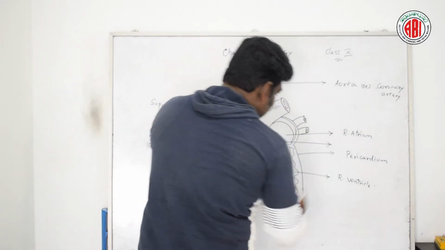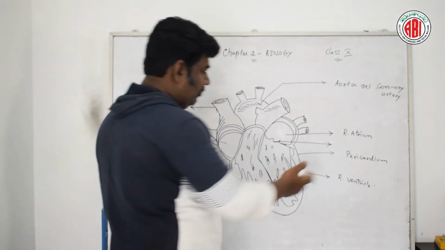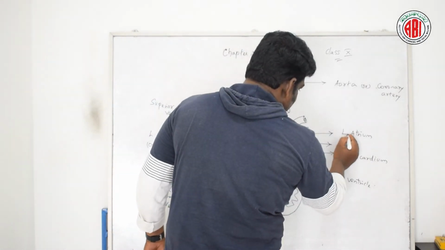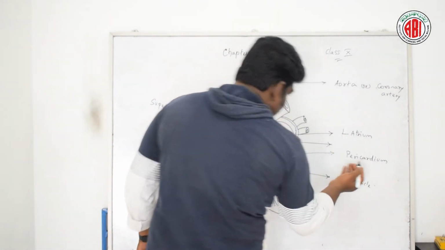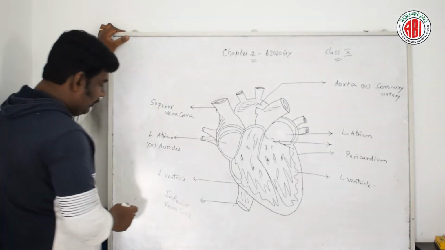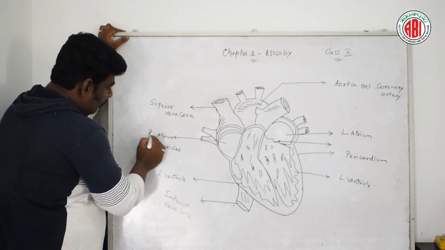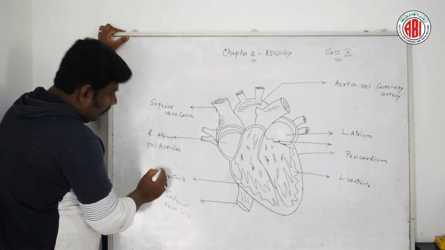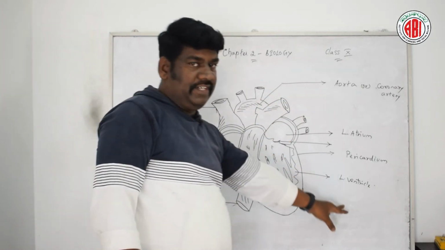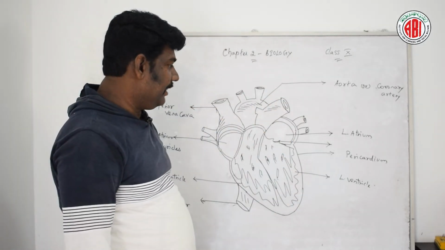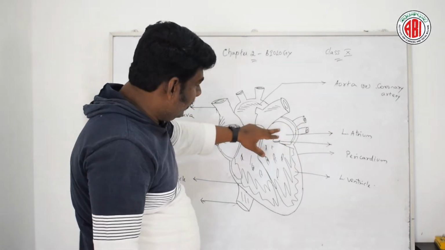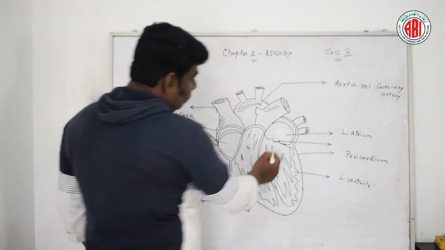Let us write this as left, because why get confused? It is very easy to remember according to your side only. Suppose you just imagine the left atrium is there, and in the left atrium there is one valve.